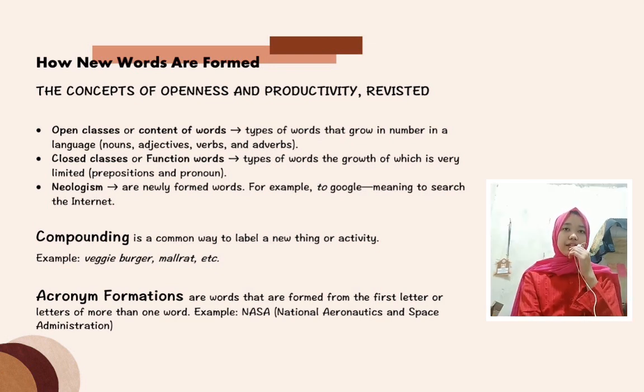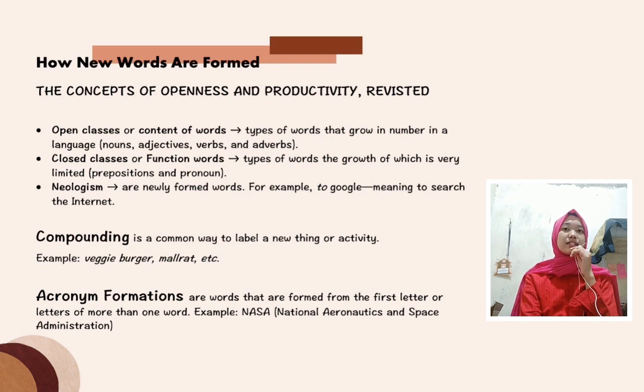The last topic that I'm going to explain is acronym formation. Basically, acronym formations are words that are formed from the first letter or letters of more than one word. Although both acronyms and initialisms are abbreviations, actually they are different. While acronyms are pronounced as any word would be, initialisms are unpronounceable.